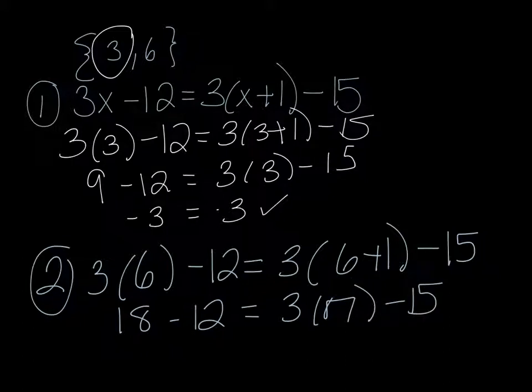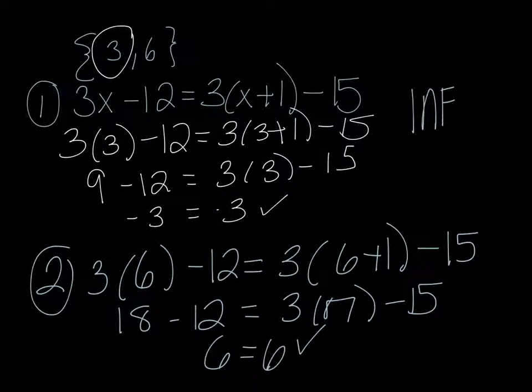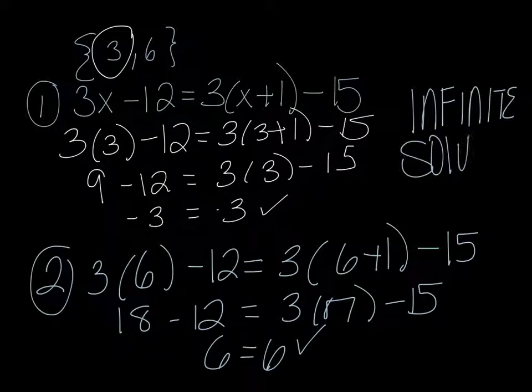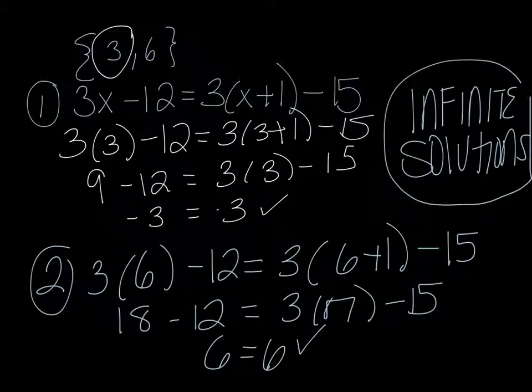Well, when we do all the math, we get 6 equals 6. Since they both work, we write infinite solutions. If they both work, and everything in the set works, you write infinite solutions. If it's only one, like we did in the previous one, it is one solution. If none of them works, we write no solutions.